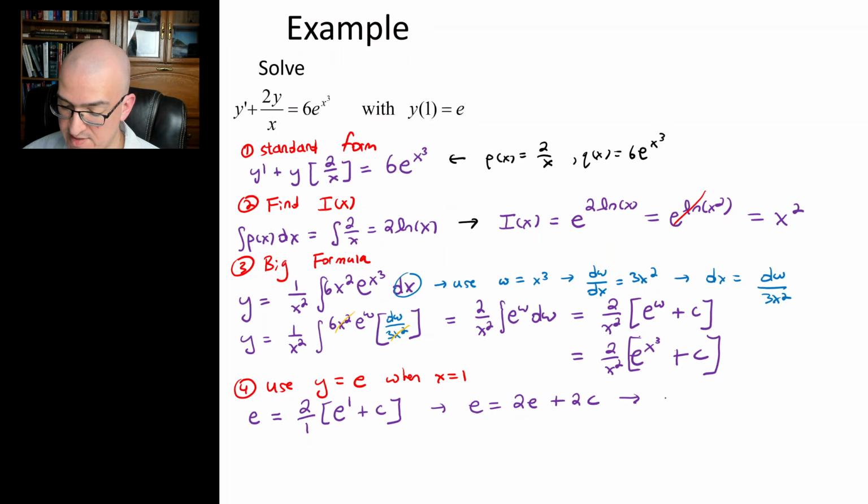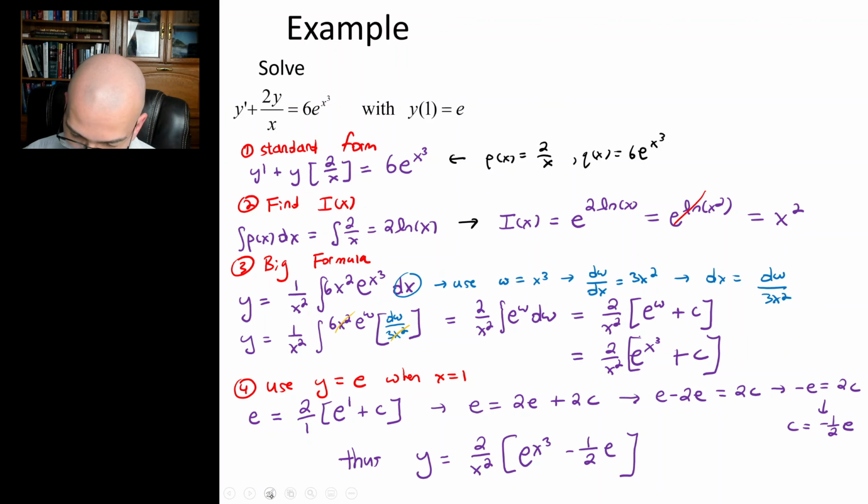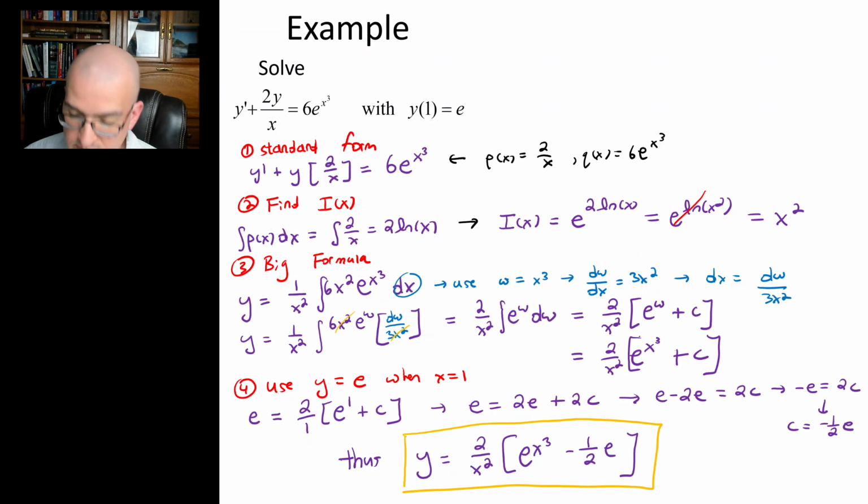Subtract 2e from both sides. So e minus 2e is equal to 2c. So minus e is equal to 2c, and that means c is equal to minus 1/2 of e. And we make our conclusion, thus our solution y is equal to 2 over x squared times e to the x cubed minus 1/2 of e. And that's our solution.